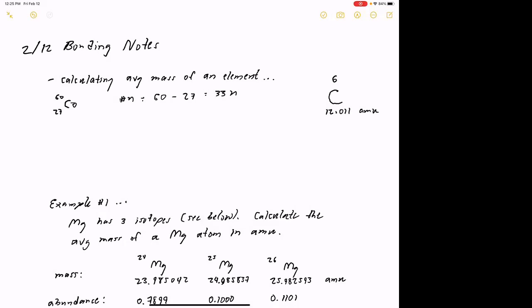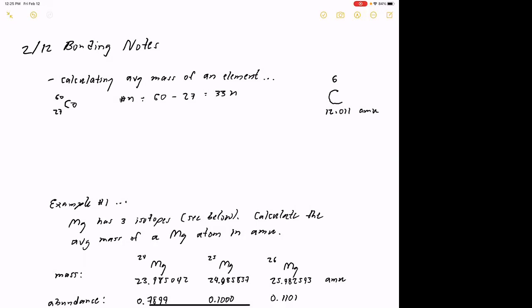So to get at that 12.011 number, we can't just add up a bunch of carbons and divide by the number we've got. We actually have to do this as a weighted average, accounting in that weighting for the relative abundance of each isotope.